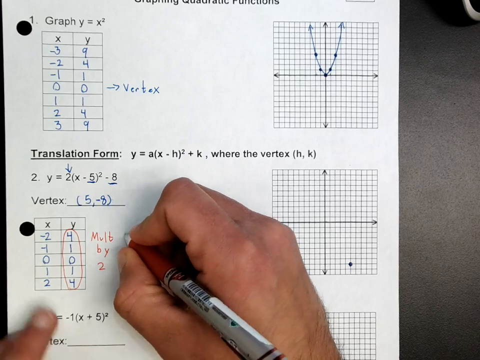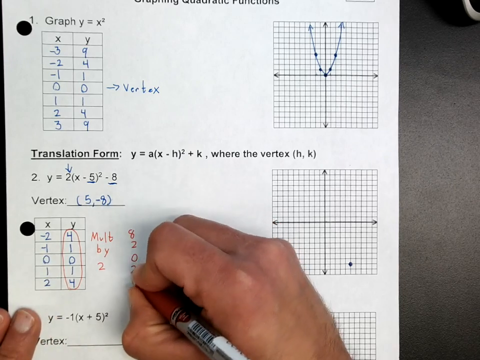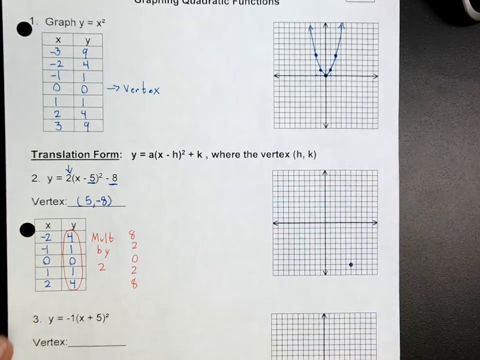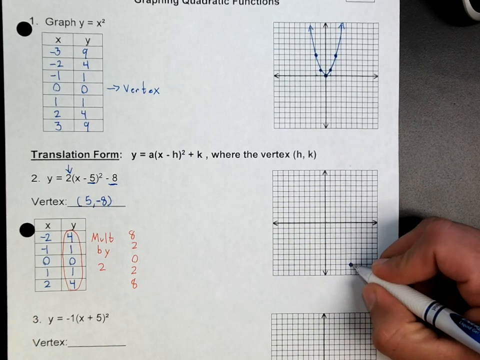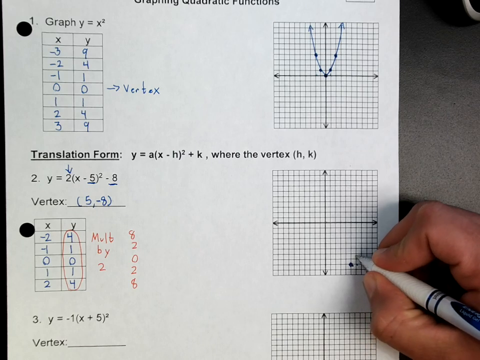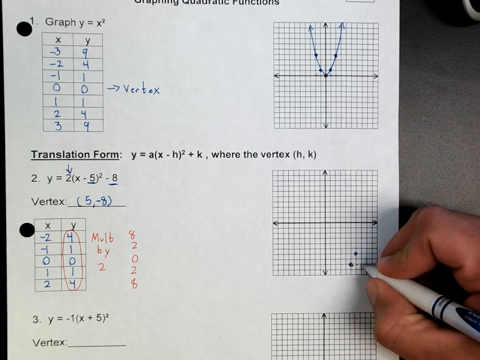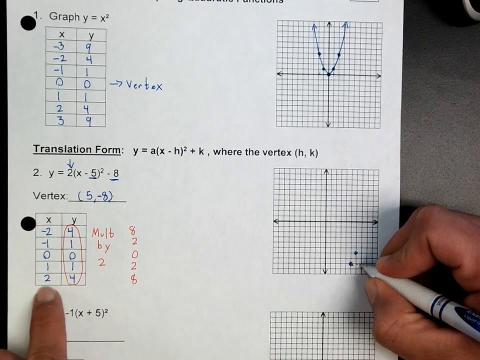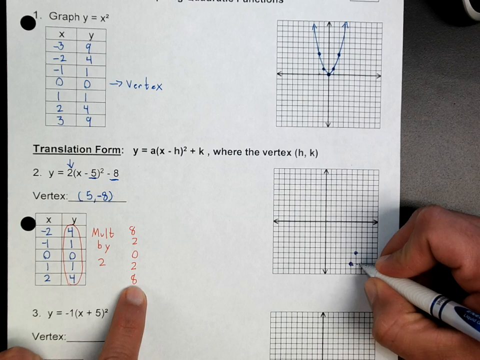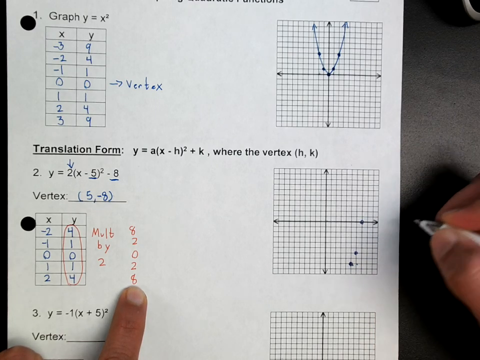So now these y coordinates are going to become 8, 2, 0, 2, and 8. Okay, so from this point right here, from the vertex, we're going to go right 1 and up 2. And then we're going to go to the right 2, or again, I'm right here, 2, and then we're going to go up 8. Alright, so when I go up 8, I'm actually going to be touching the x-axis.